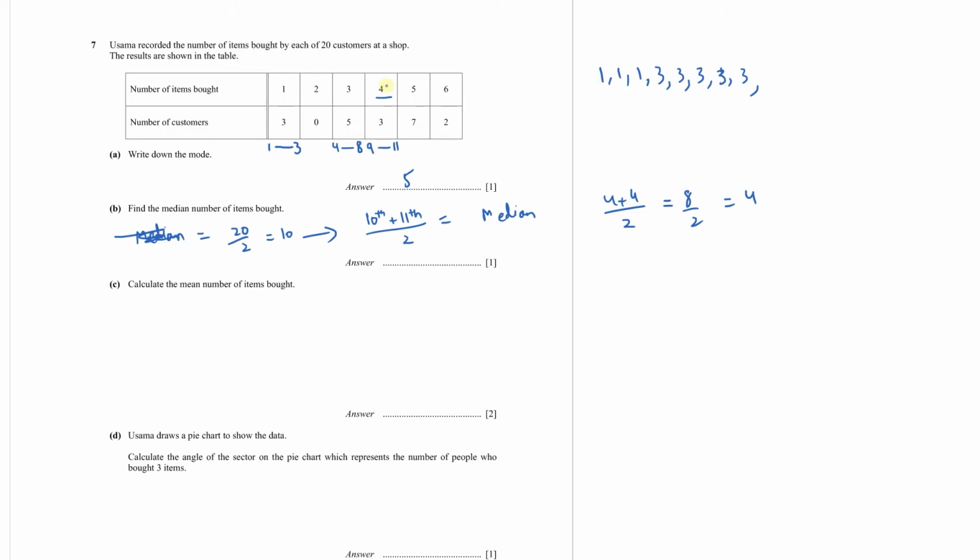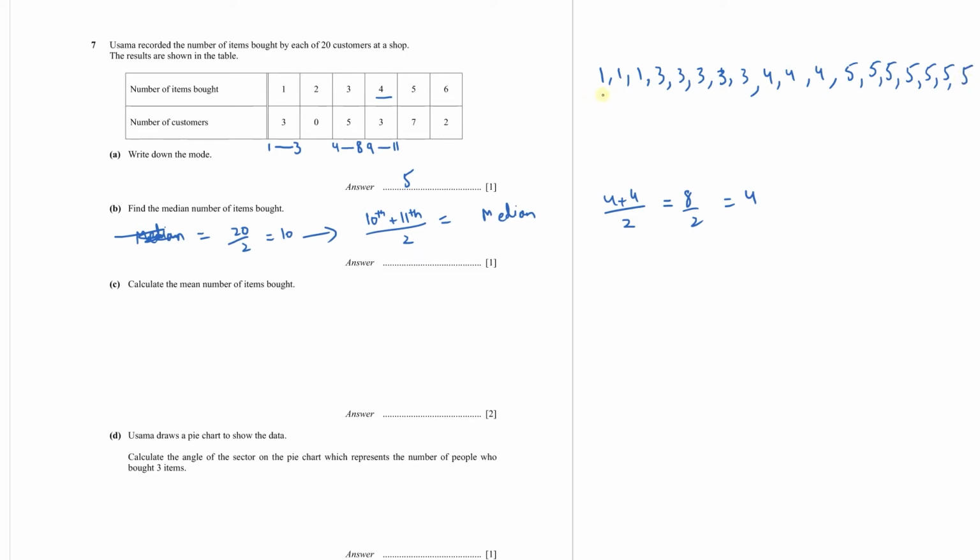Then 3 customers bought 4 items, so I write 4 three times. Then 7 customers bought 5 items, so 5 appears 7 times. 5 has a frequency of 7.